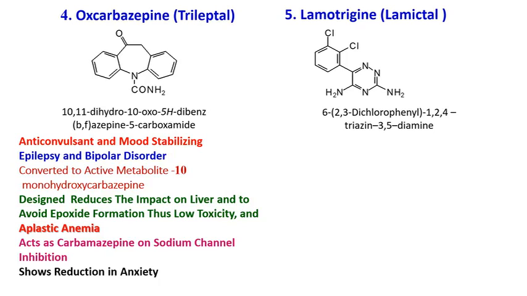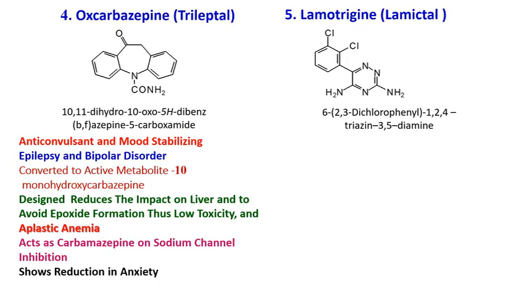Lamotrigine, the Lamictal, and please again have a look at the labile positions, the susceptible metabolic sites of the structure. They were blocked by chloro. Two chloro functions are here to compensate for the high hydrophilicity that accompanies the high nitrogen content in this triazine diamino derivative.